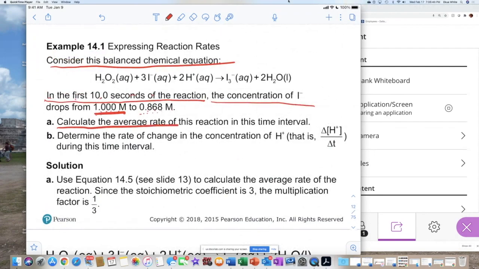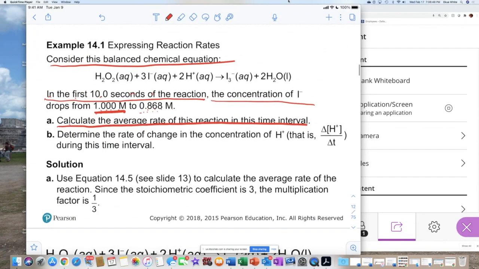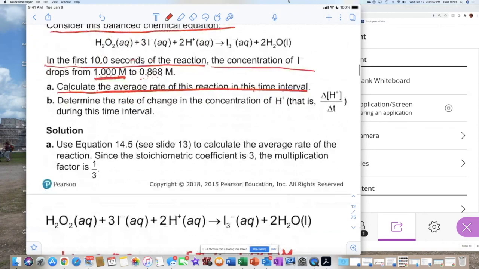What do they want us to do again? Calculate the average rate of this reaction in this time interval. So we want to figure out the average rate of this reaction in this time interval. Then what are they asking us next? Determine the rate of change in the concentration of H plus. Oh, they want us to figure out the rate of change, focusing only on H plus.